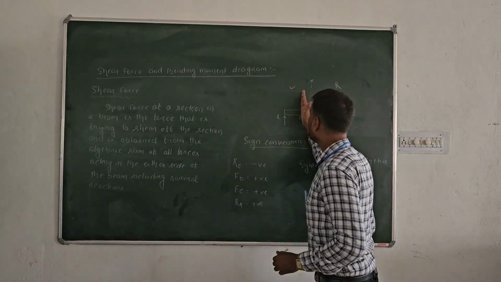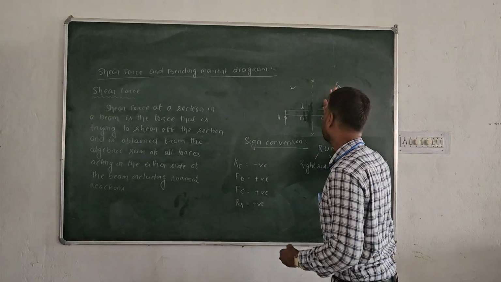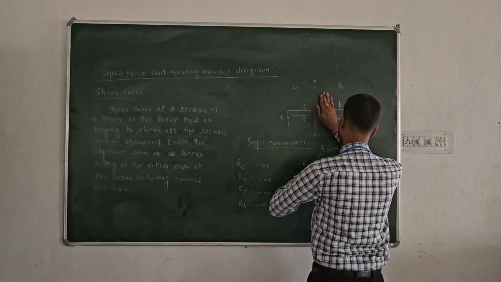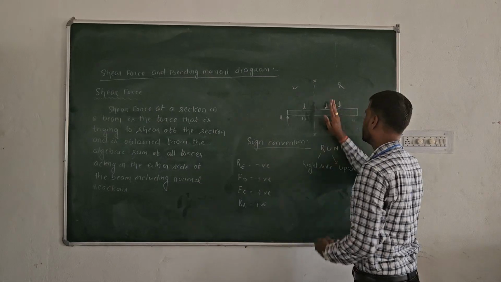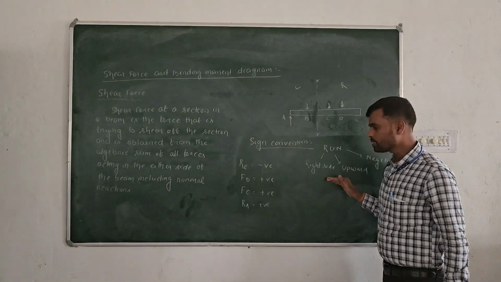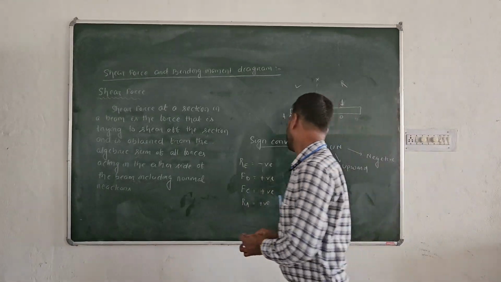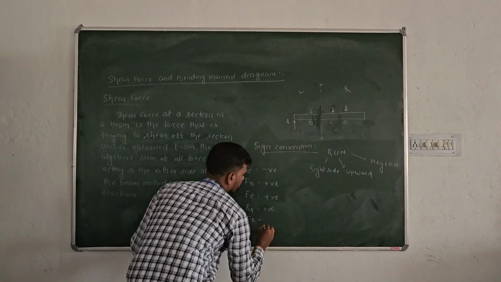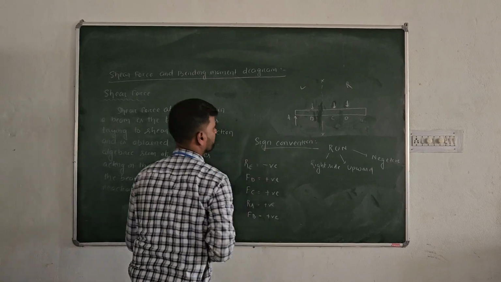Similarly, if only the force at D is acting, then because of this force, this member will come in the downward direction. If the left side going upward is negative, then the left side coming downward is positive. So the force at D is positive.